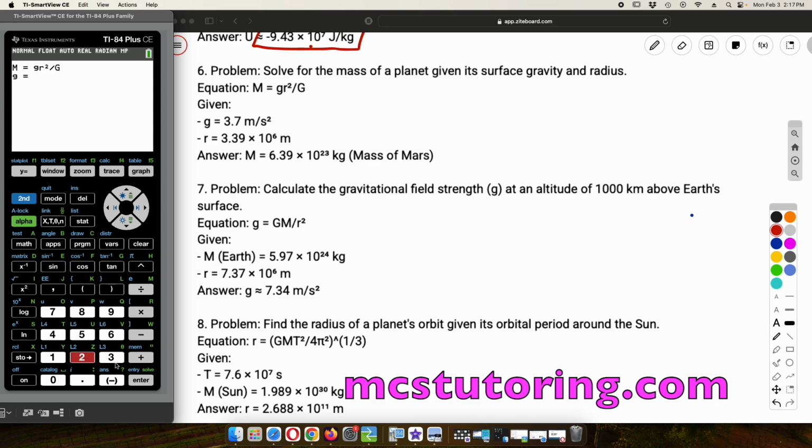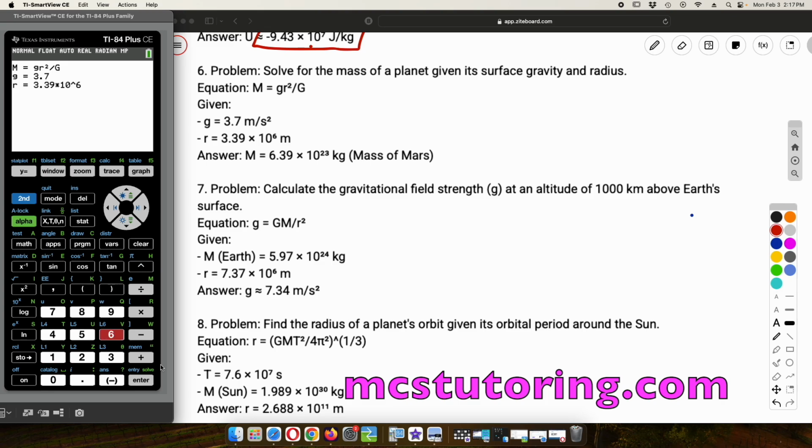Little g, 3.7 meters per second squared. So that's the acceleration due to gravity on that specific planet, even though I know on Earth it's like 9.8, 9.81. I know you guys are like, well, it's 10 in AP physics. Dude, I don't know when that happened. Not when I was in high school. 3.39 times 10 to the 6 for this radius.